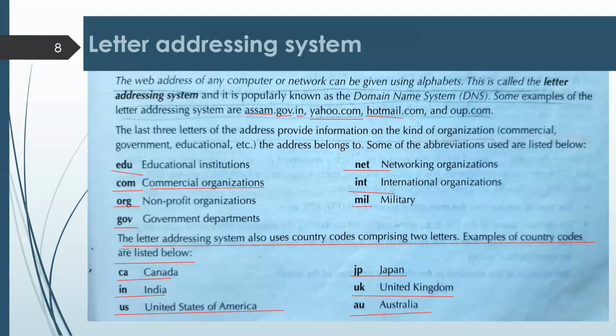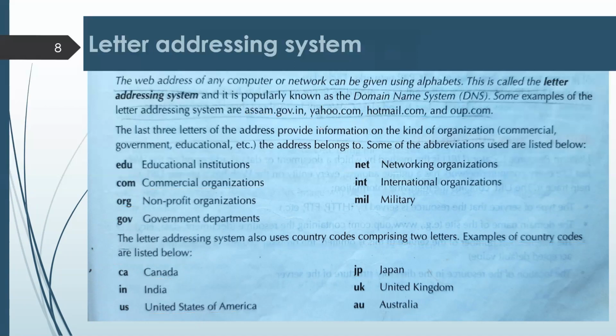Like Amazon.com, Amazon is the website name, and .com is commercial organizations. Edurite.in, with edu, means websites used for educational purposes. Like that, many websites are there. So mainly we are using the letter system.